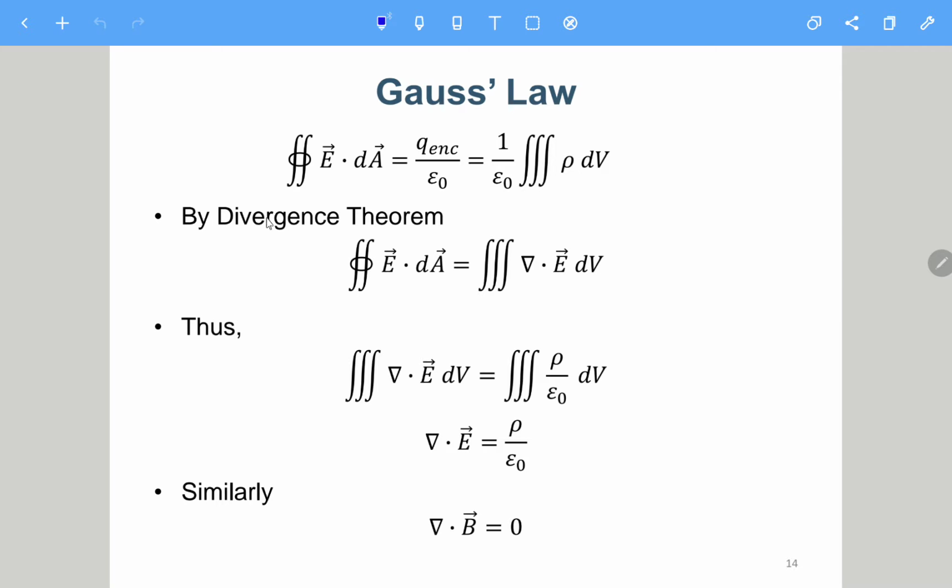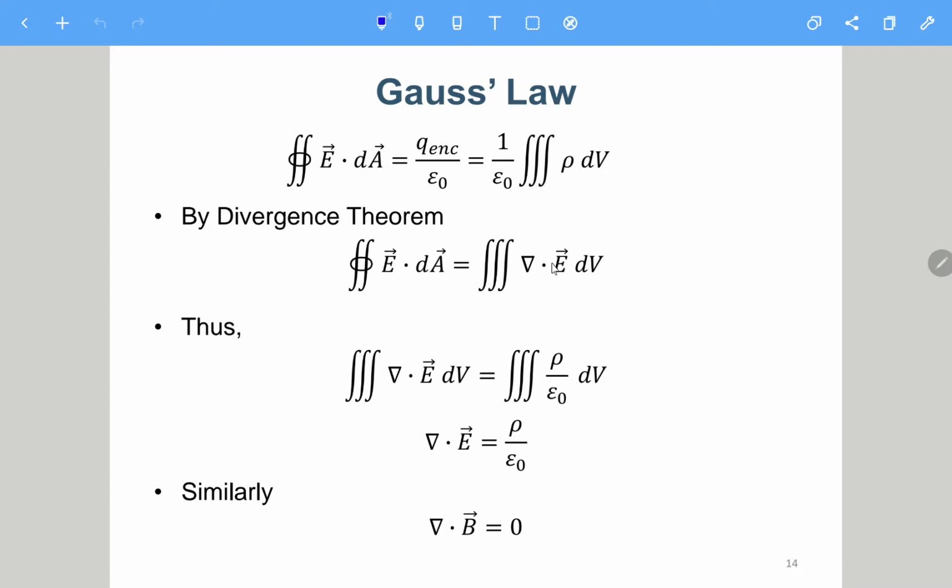And then we apply the divergence theorem. For the divergence theorem, we have the surface integral on the left side, and on the right side we have a triple integral with another derivative-like operator, which is called the divergence. We take the divergence of E and then integrate it over the whole volume.